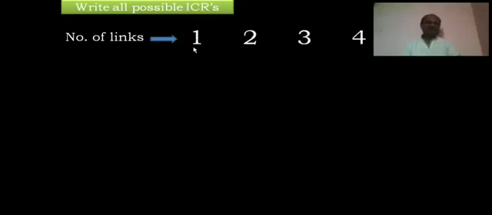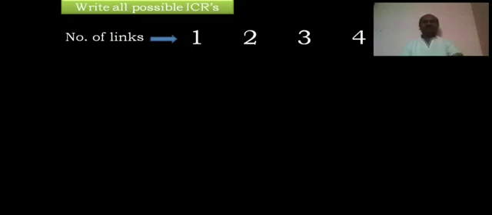You will see what this method is. For this, we have to write down the number of links in the mechanism. As you have seen, it is a 4-bar mechanism, so I have written the numbers 1 to 4, representing the linkages in the mechanism.